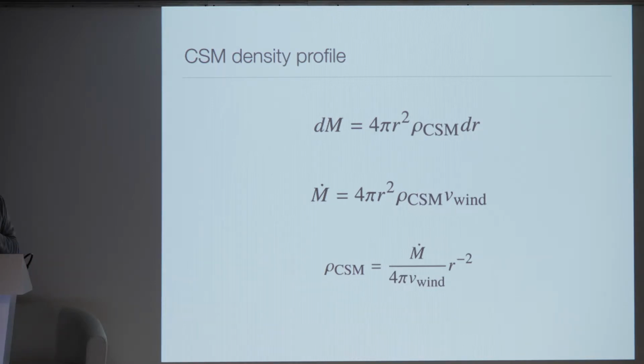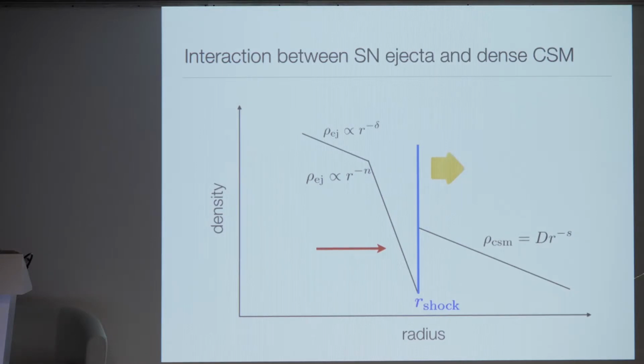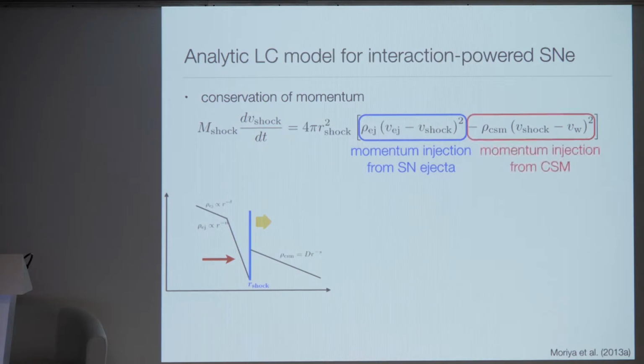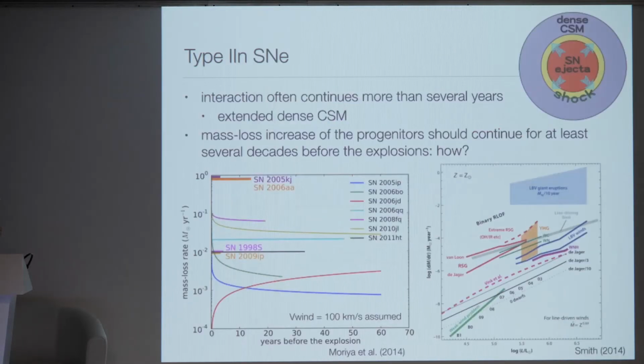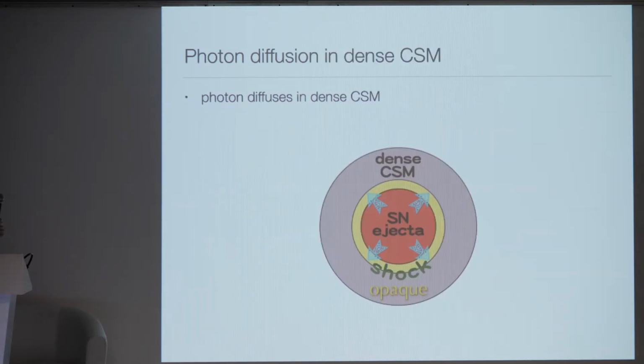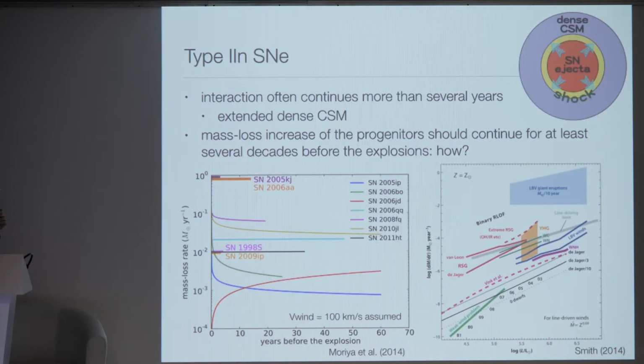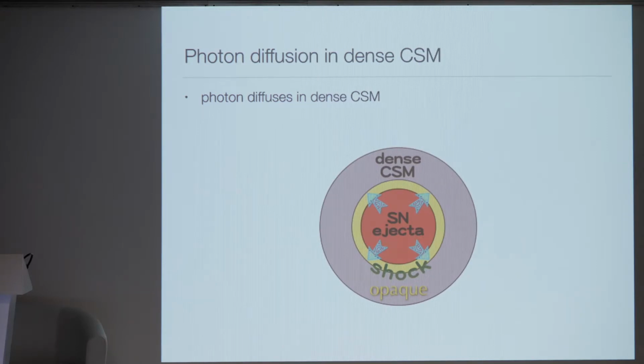So basically what we are doing is getting this density structure, and once we get the density structure, we can interpret this as a mass loss history. Mostly they are like 10 to the minus 3 solar mass per year or slightly higher. But we can have more extreme cases.